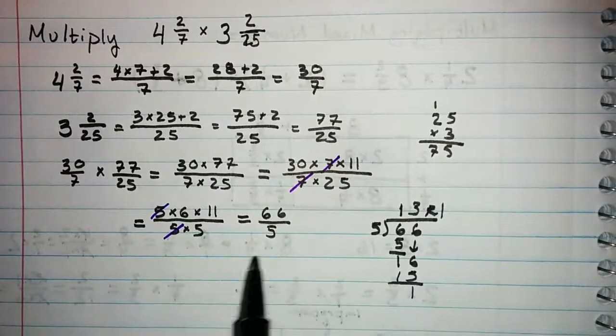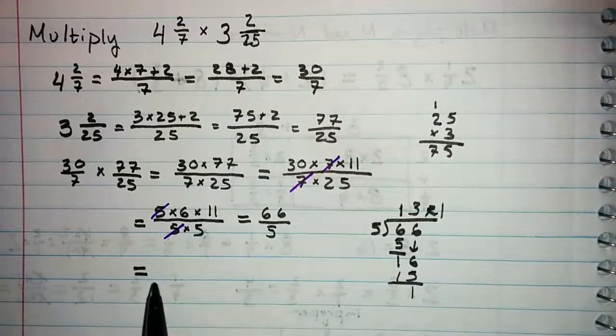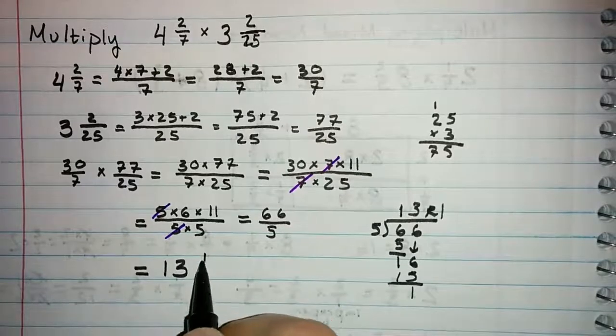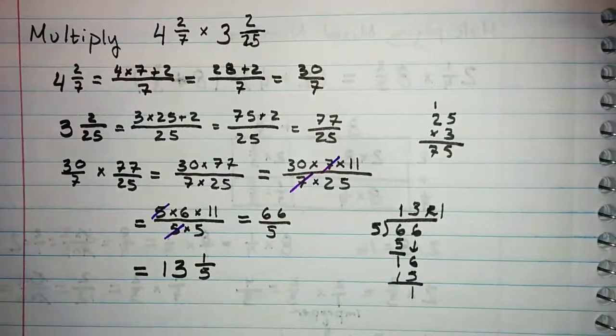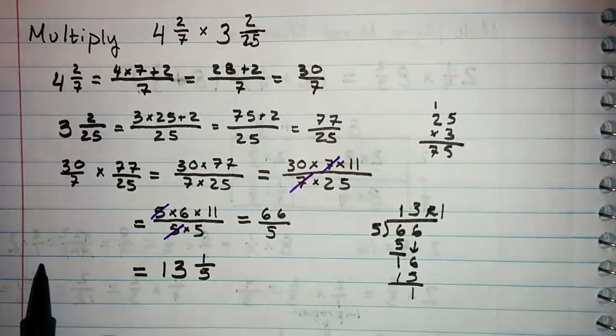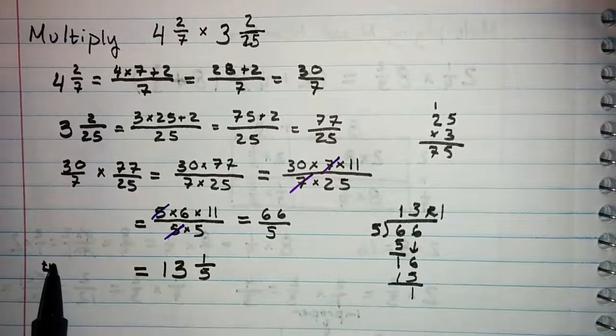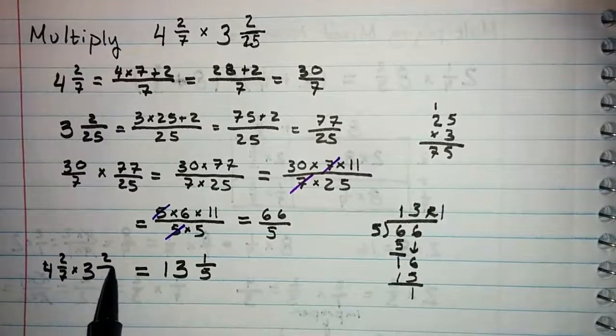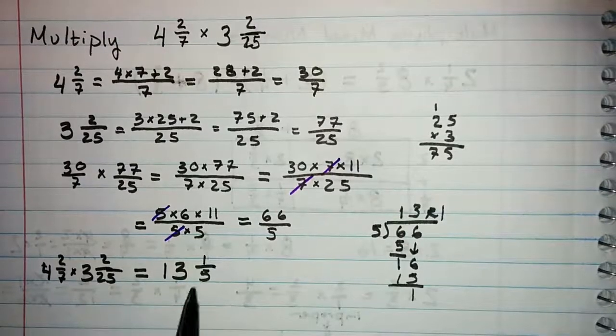So if I have 66 fifths, that gives me 13 whole things and 1/5 left over. The answer to my multiplication problem, 4 2/7 times 3 2/25, is 13 1/5.